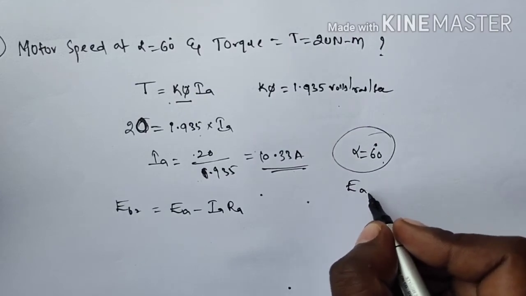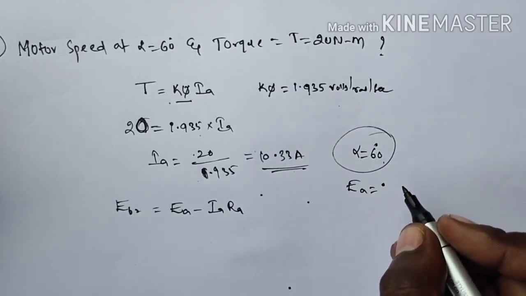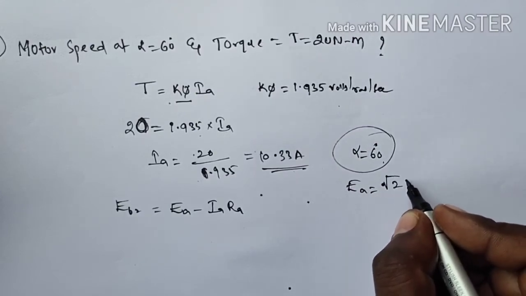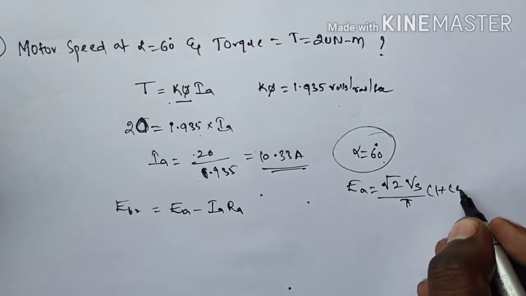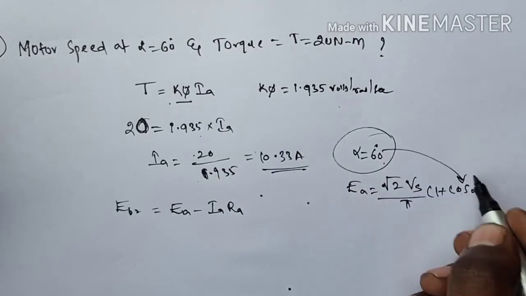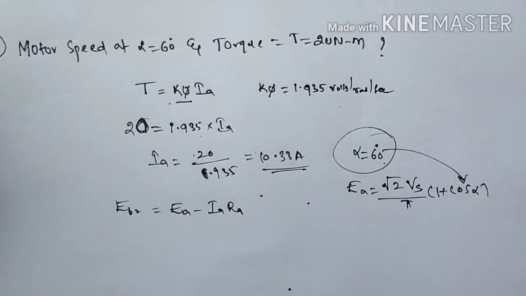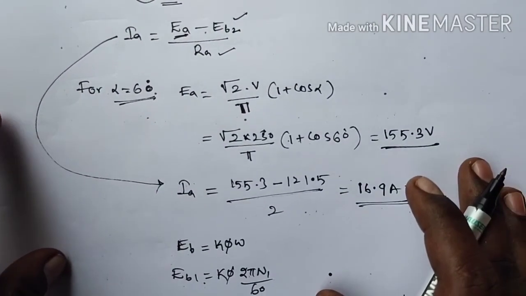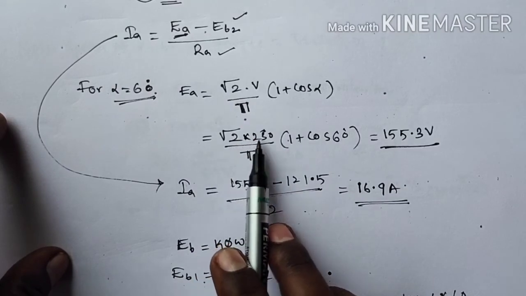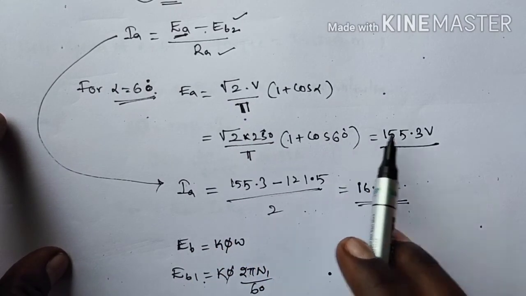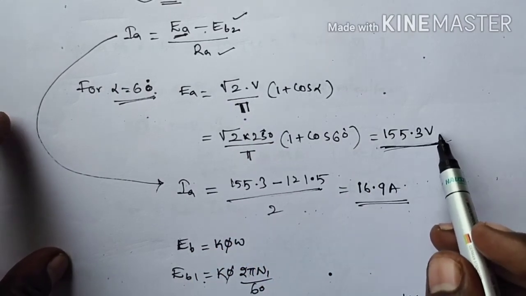EA is equal to root 2 into Vs by pi into 1 plus cos alpha. In the previous problem we calculated this. So root 2 into 230 by pi into 1 plus cos 60. What is the answer? 155.3.